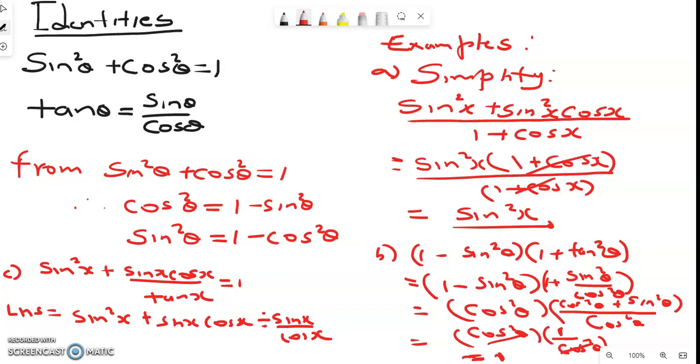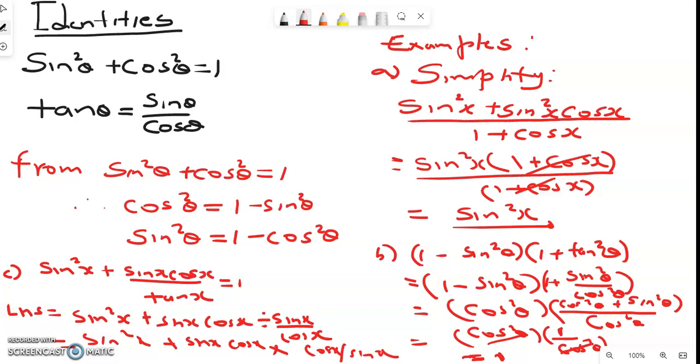So this is sine square x plus sine x cos x times, then we do a reciprocal, so this will be cos x over sine x.